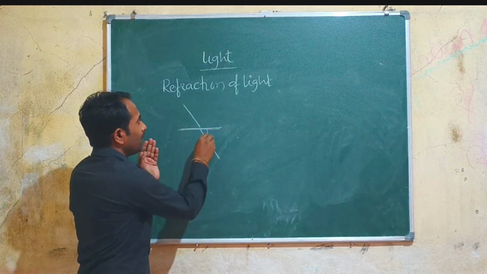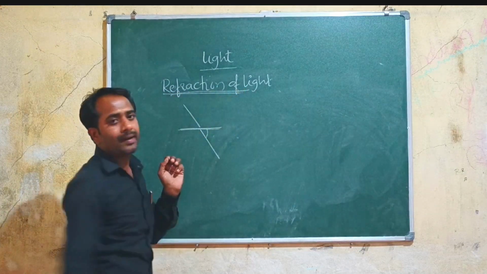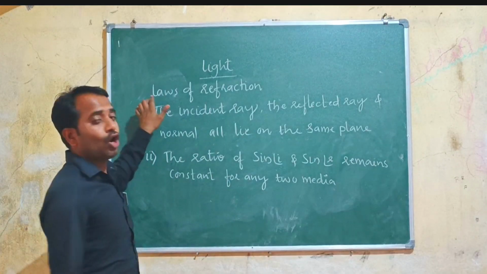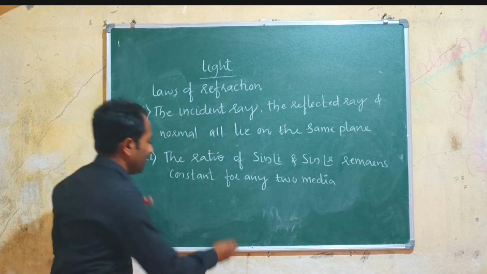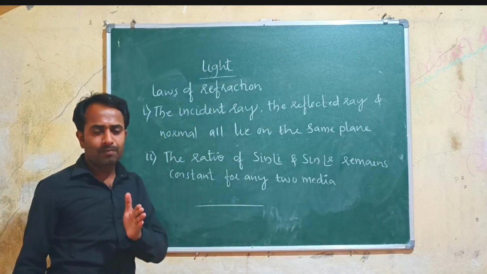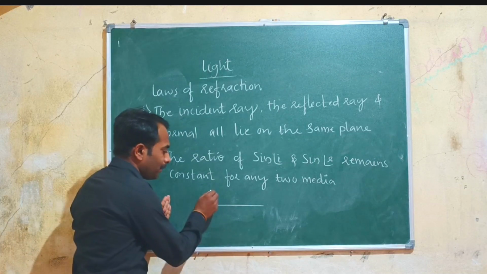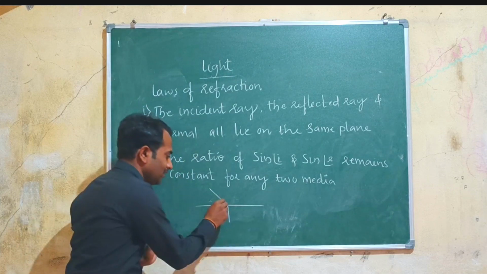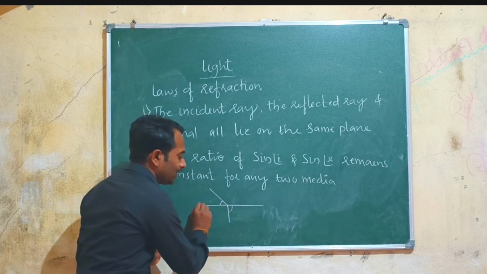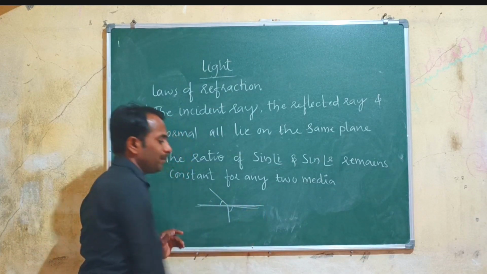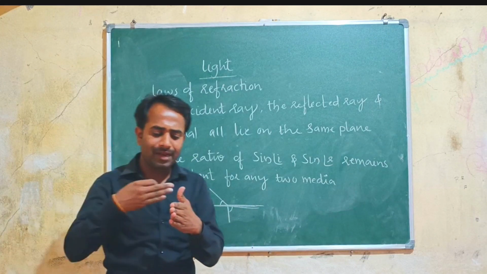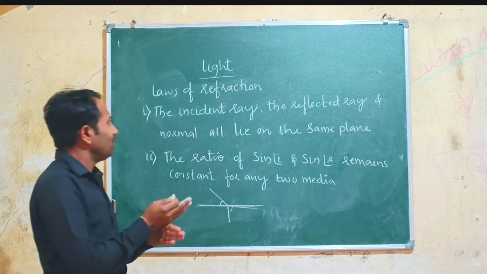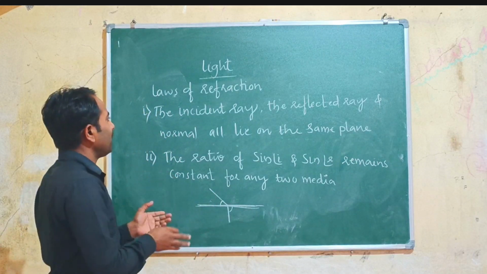That phenomenon is called the refraction of light. We already know that if light travels from one medium to another, it changes its path. It bends towards the normal or away from the normal. This phenomenon is known as the refraction of light.